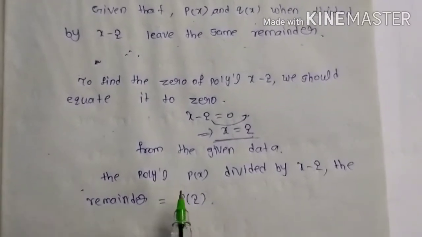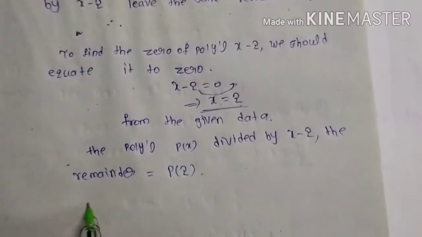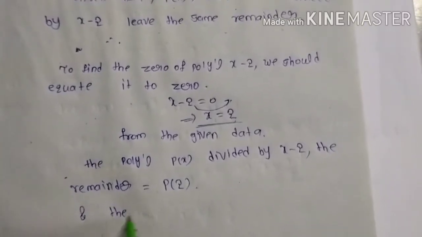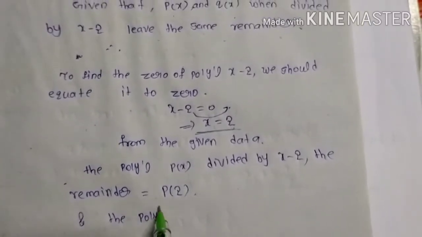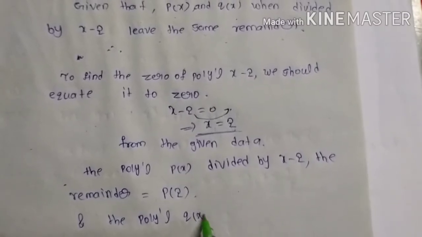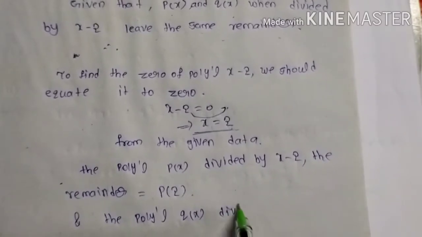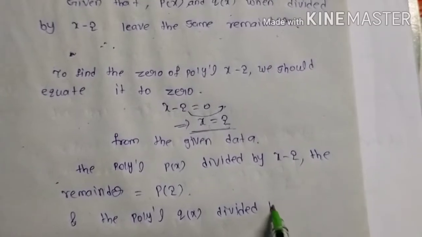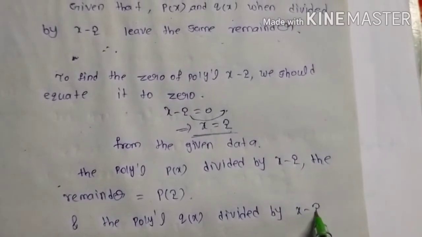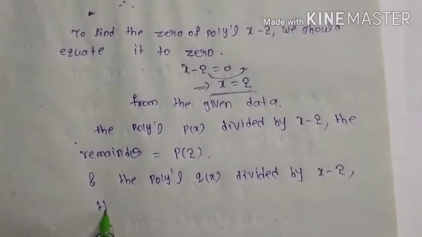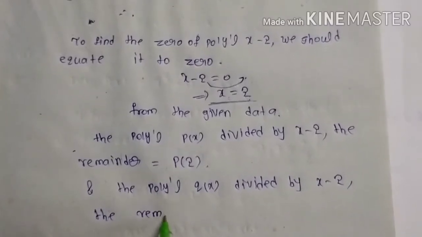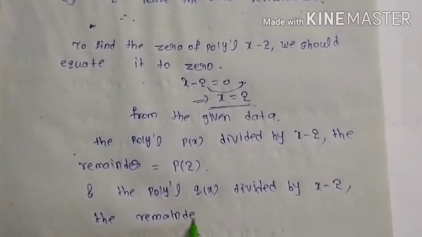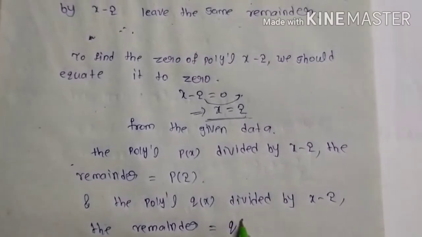P of 2. And also the polynomial q of x divided by x minus 2, the remainder is equal to how much? The remainder is equal to q of 2.